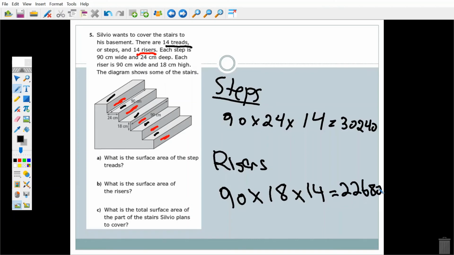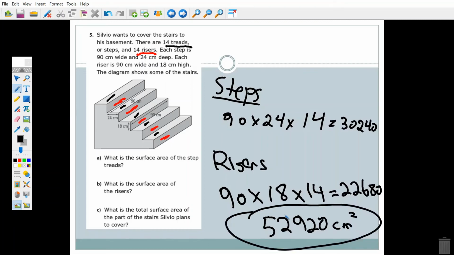If we add those together, 52,920 centimeters squared. It's our answer.